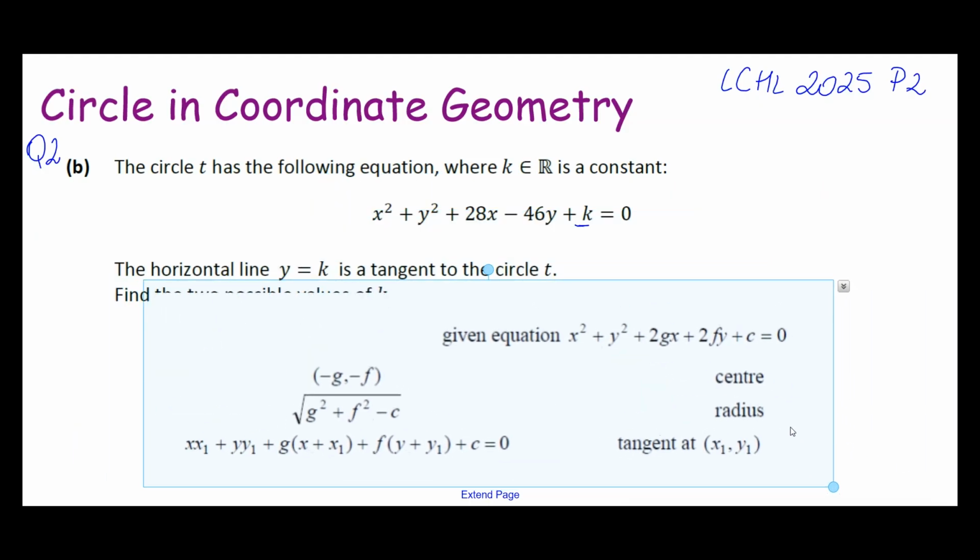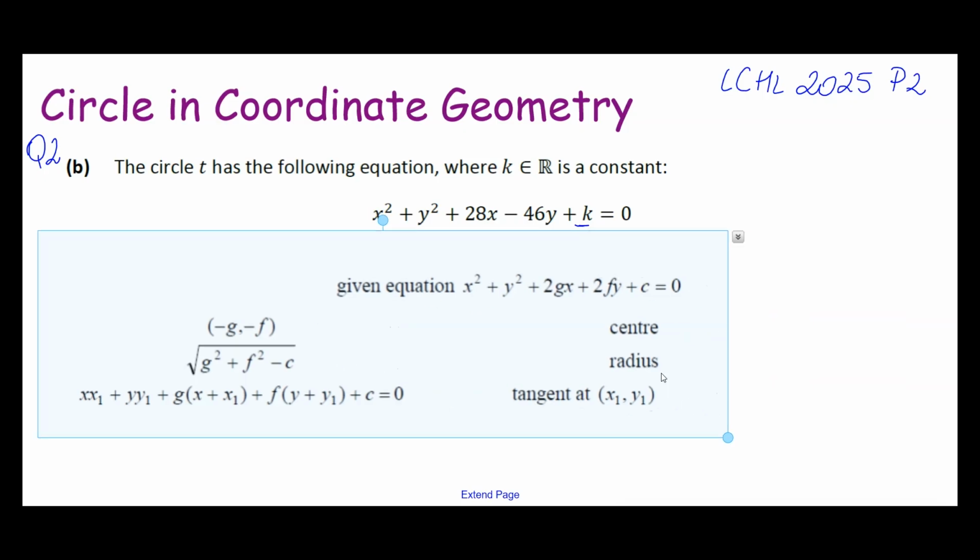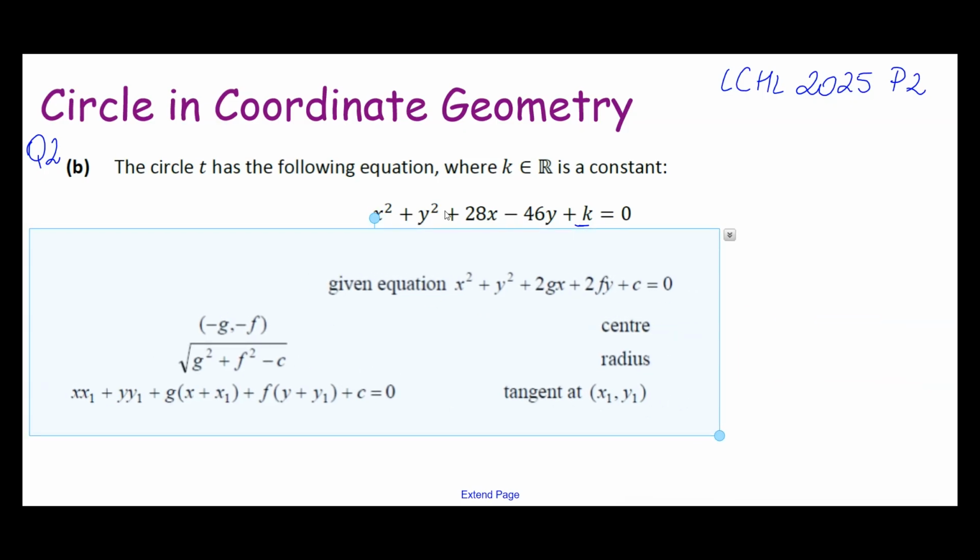When our equation of a circle is given in this form, which we actually have here, I can decipher the center and hopefully the radius, and those are the formulas. So the center is minus g, minus f. How do I know where g and f are? That's what they are telling me.